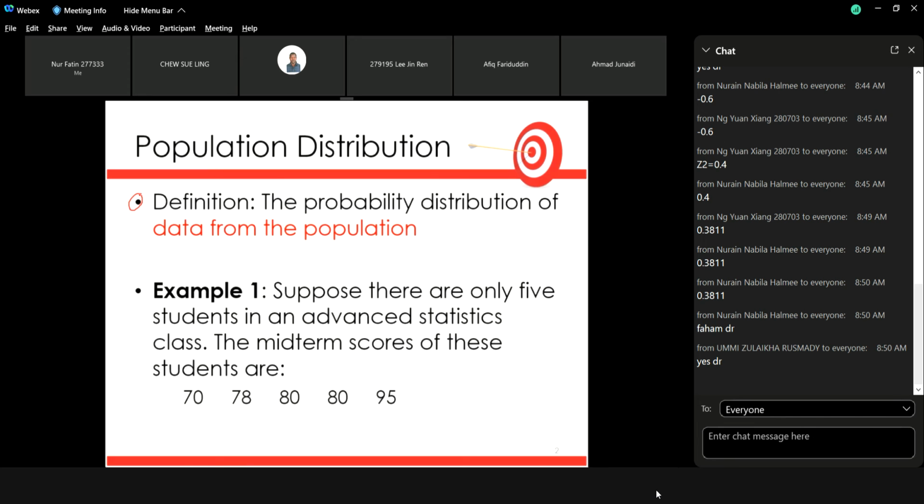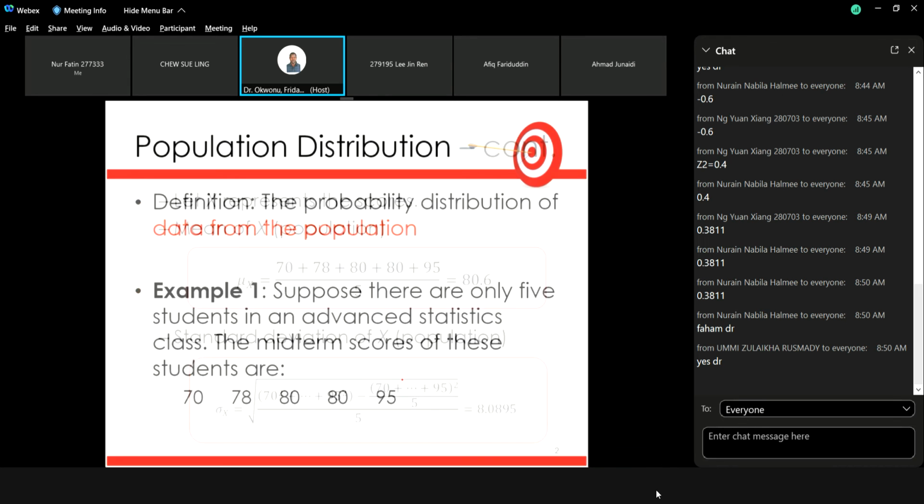The probability distribution of data from the population. Okay, so let's see. Suppose there are only 5 students in an advanced statistics class, only 5. The midterm scores of these students are given as this. If you look at it, it is arranged from the lowest to the highest.